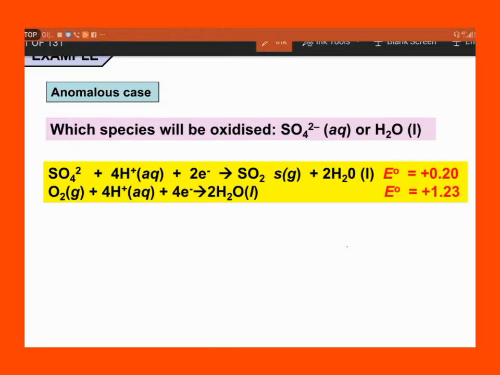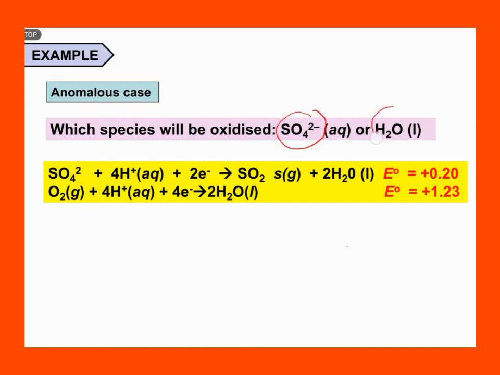Let us check the third example. It is an anomalous case. Which species will be oxidized, sulfate or water? To answer this question, we must check the SRP table for both the sulfate and the water, and we take out the E naught, or the standard reduction potential value.